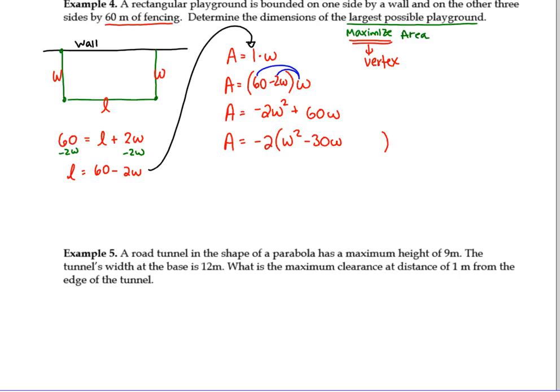Okay. Negative 30 divided by 2 squared. 15 squared is 225. Move that bracket. Okay, to take the negative out, what do I have to do? The negative 225.